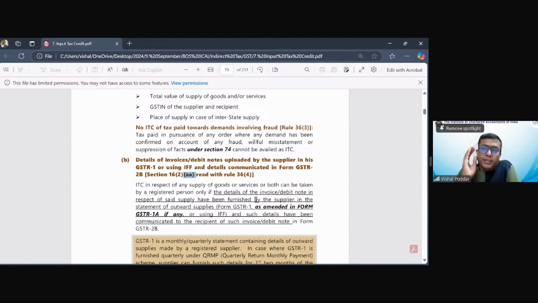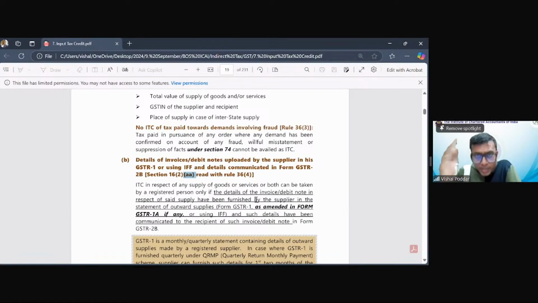Now understand this. Originally, when the GST law was designed, there were supposed to be three returns: GSTR 1, GSTR 2, GSTR 3. Now, what was the return design? When the supplier files his GSTR1, you are also filing your GSTR1 in which you show your sales. Similarly, the supplier files his GSTR1 showing his sales.